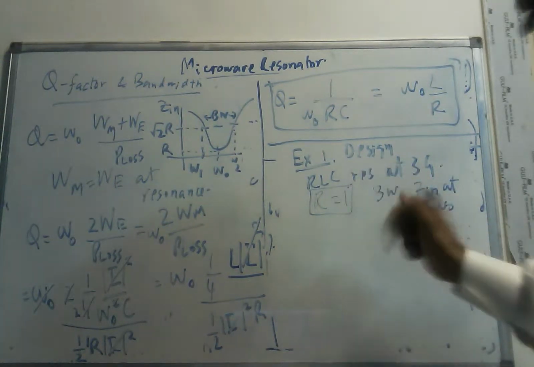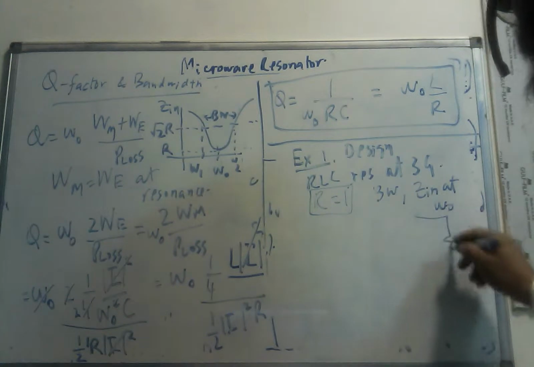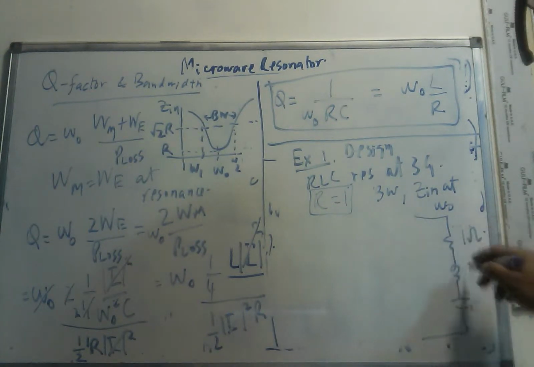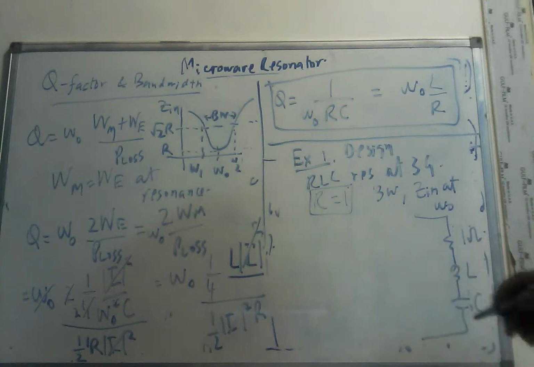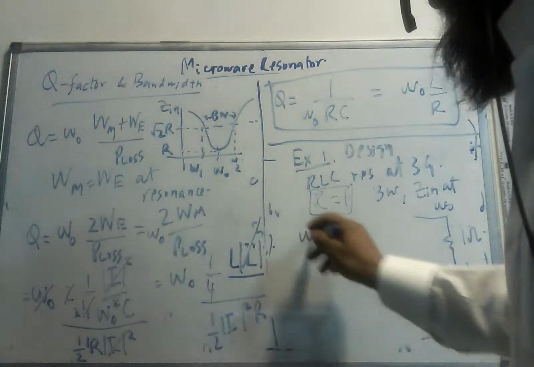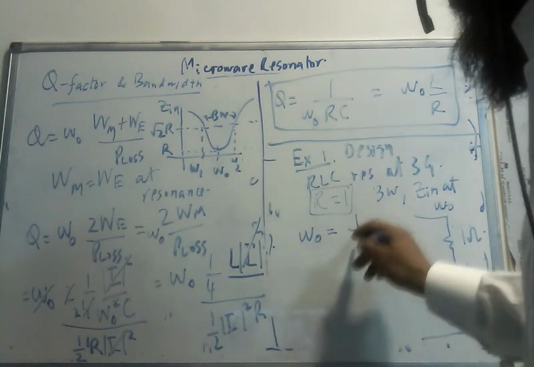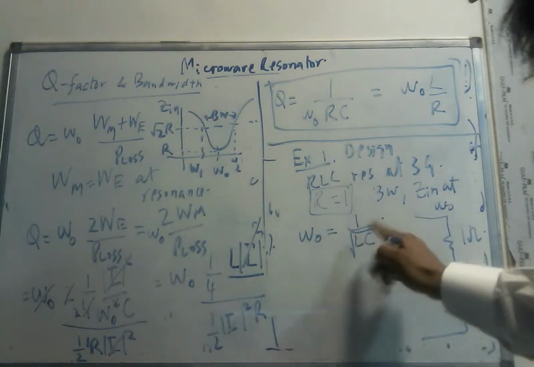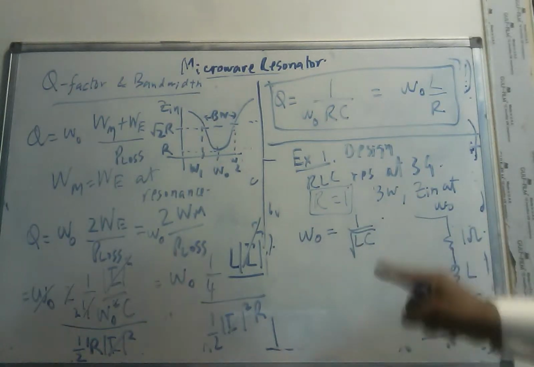So I need the values of L and C. I have 1 ohm resistance, but I don't know L and C. So I know that the resonance frequency is given by omega naught is equal to 1 over square root of LC, right? So now I need to assume one of them.